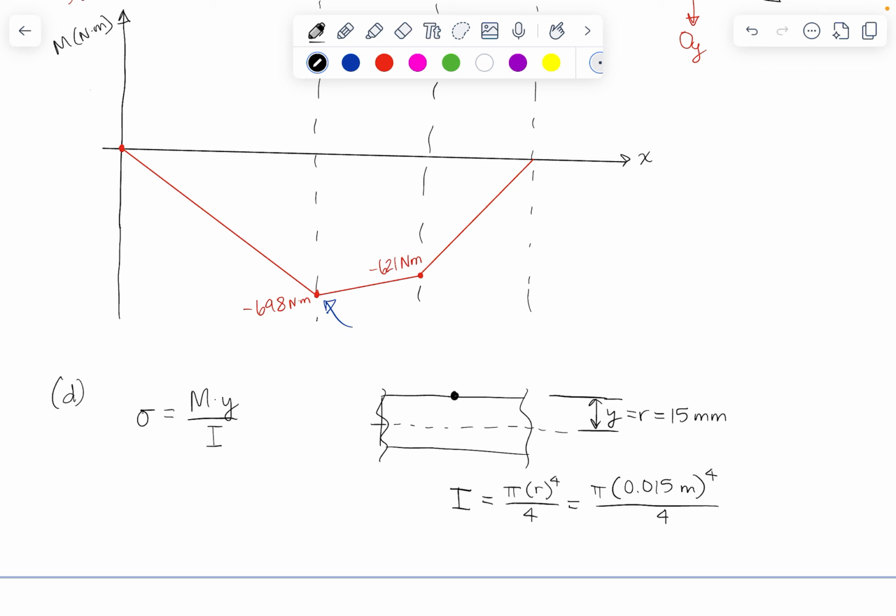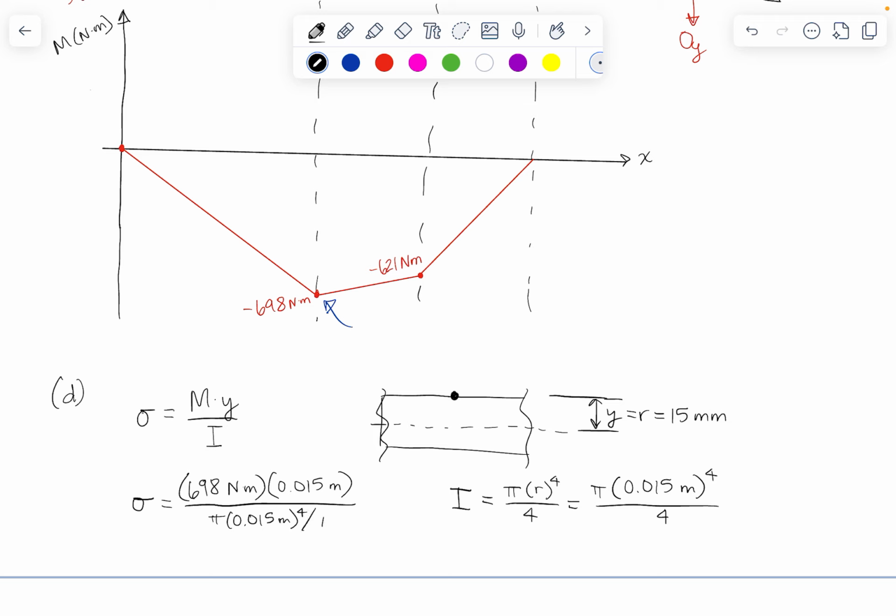And then let's plug that into our flexure formula. So our stress is going to be equal to 698 Newton meters times our radius, 0.015 meters, divided by this very small number, I, and so that's going to give us a very big number for our stress.